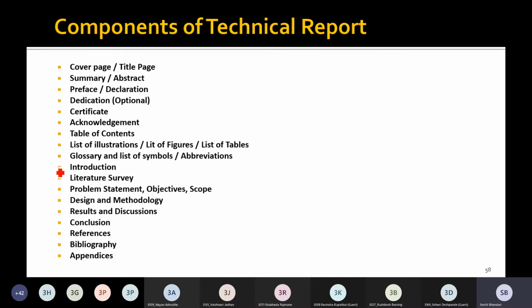Then the actual report starts from this point onwards: the introduction, literature survey, problem statement, objectives and scope, design and methodology, results and discussions, conclusion, references, bibliography and appendices. In fact, we have discussed up to introduction. So today we are going to cover the remaining components of our technical report.